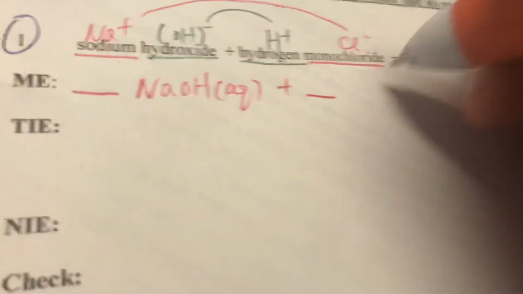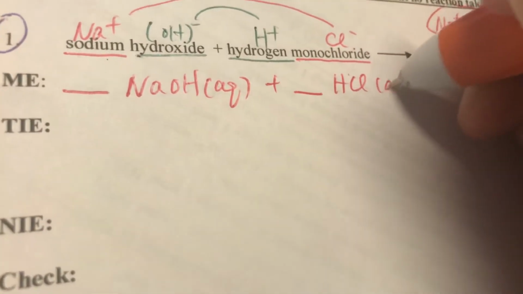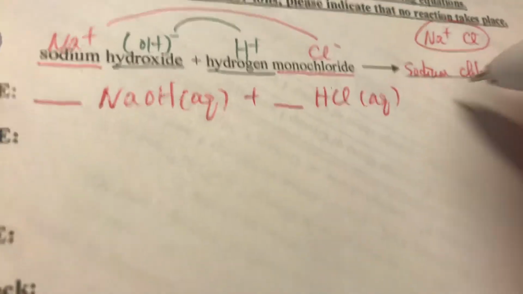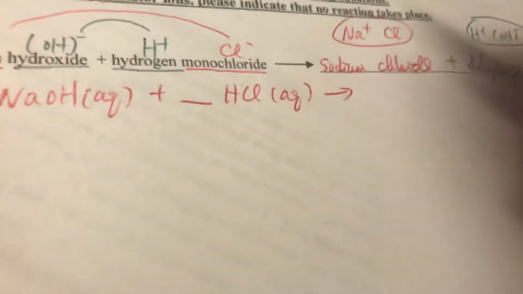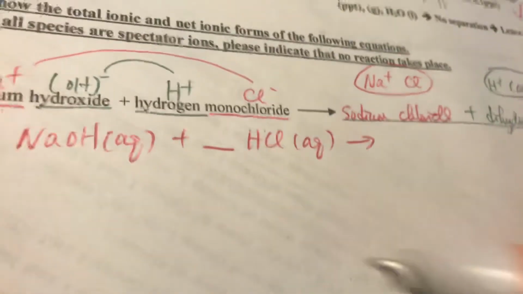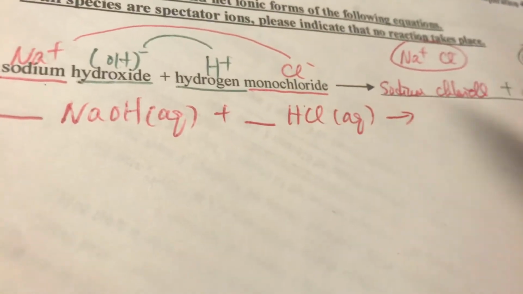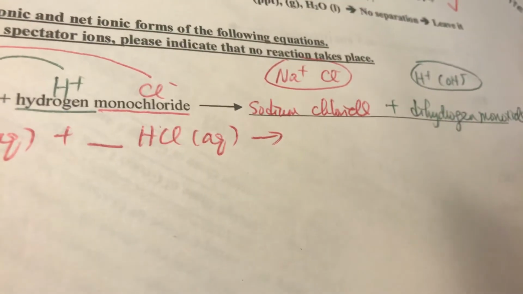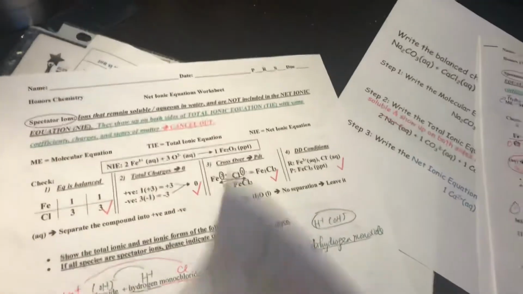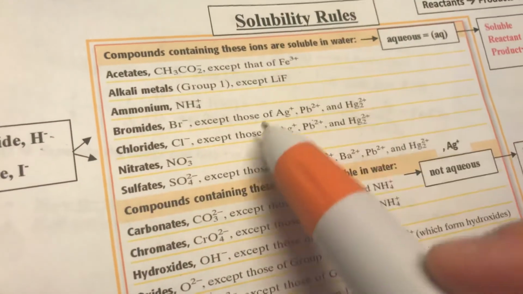If you cross over, you know that this is HCl and it is also AQ. And then arrow. These two reactants are always aqueous, I gave you that. But starting here, you have to check before you write. Sodium chloride, if you check the solubility, chlorides are soluble, meaning it's AQ.